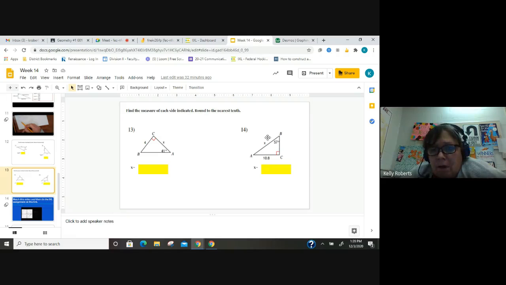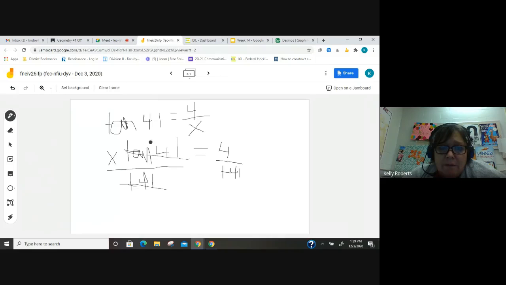All right, angle B, 57 degrees. Across from it, I have opposite. I have hypotenuse. Opposite over hypotenuse is sine. So I know the sine of 57 degrees is 10.8 over x. It's going to work exactly like this one, except opposite over hypotenuse is sine.